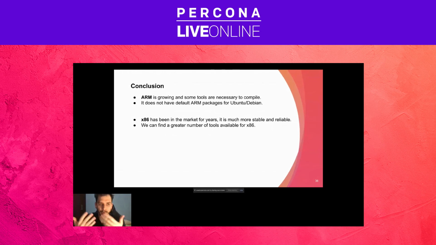The other huge benefit is the number of tools that we have available for x86. We have the entire Percona ecosystem. If we go to Maria, again, I don't remember if we have ARM, but we have not only the database, but the backup.